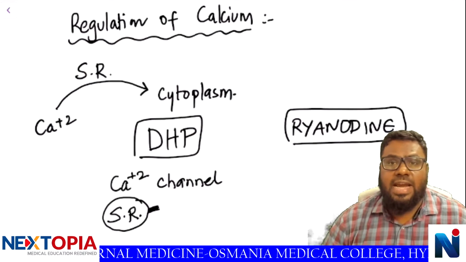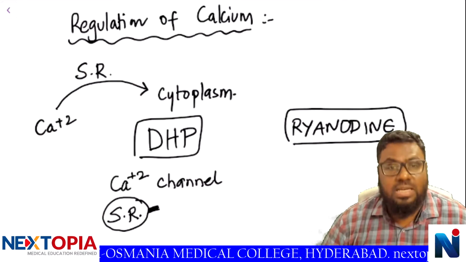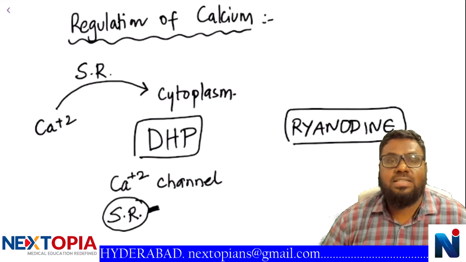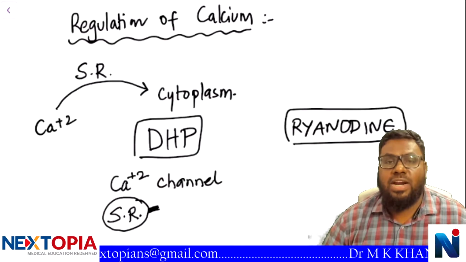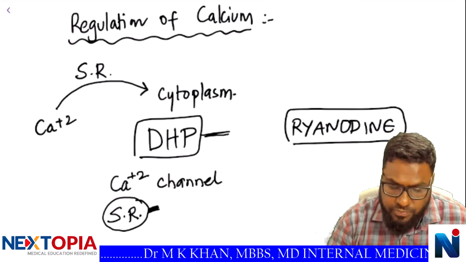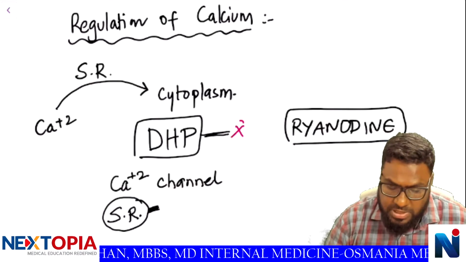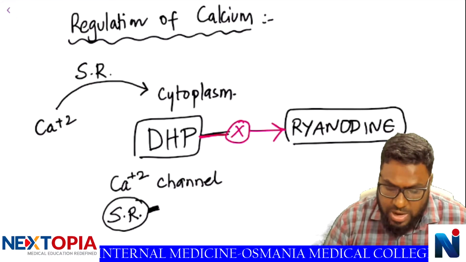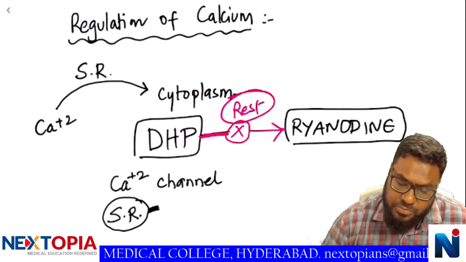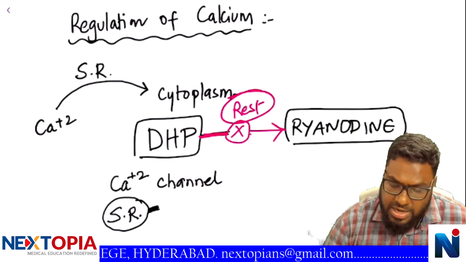Rather, the dihydropyridine receptor functions as a voltage sensor. Whenever the skeletal muscle is at rest, the dihydropyridine receptor blocks the ryanodine receptor.